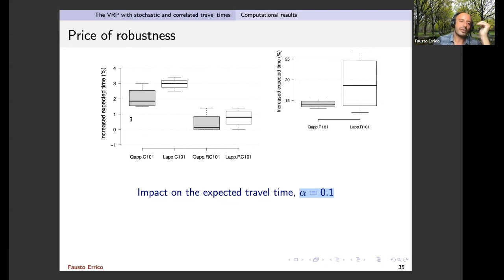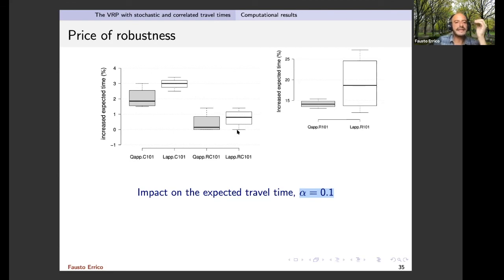Well, what we see is the following. For the C, the increase in the expected travel time is around 2 percent. Dark is the quadratic, white is the linear.